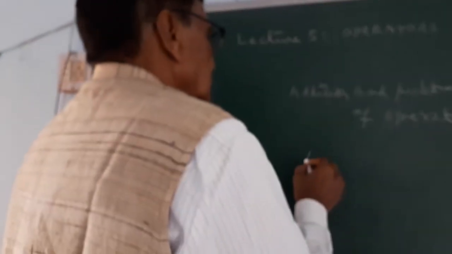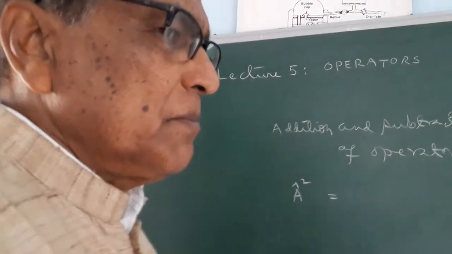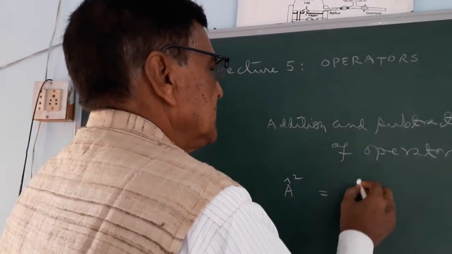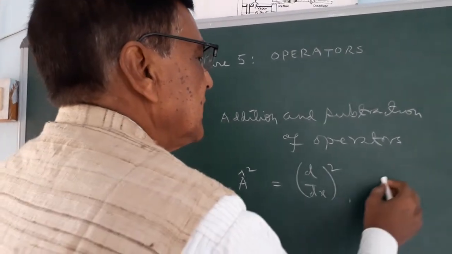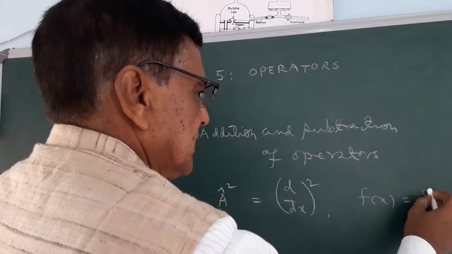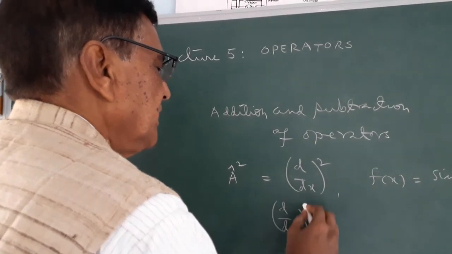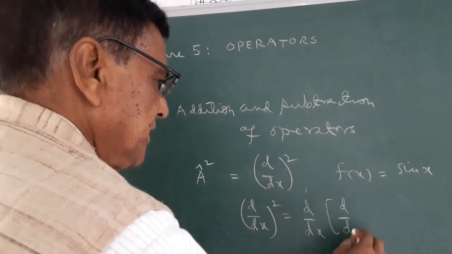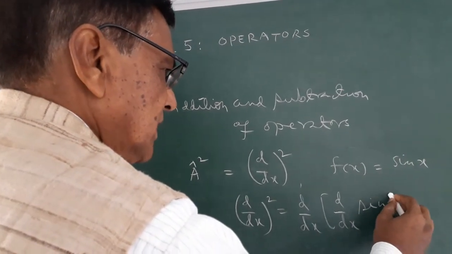The square of an operator, say A cap squared, means the same operation is done twice. Say d by dx squared on the function sin x equals d by dx into d by dx, and instead of f(x) we write sin x.